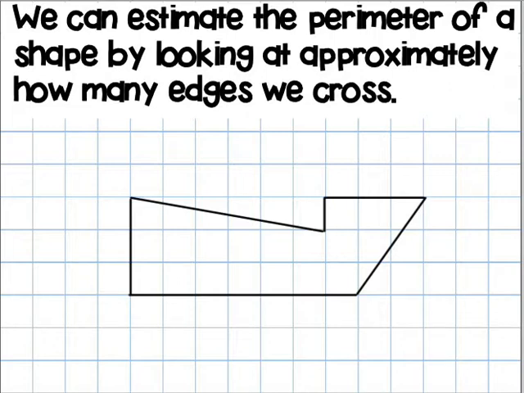Now, when we're estimating, we're going to use this grid to help us estimate our area and perimeter. So for perimeter, we're going to start by looking at approximately how many lines we cross to find our perimeter. So let's start here in this corner, okay?